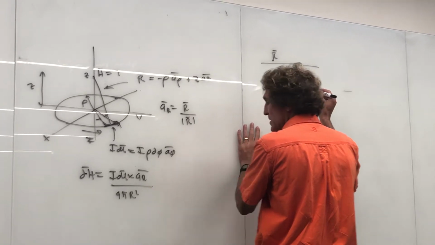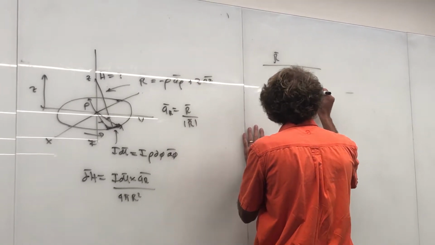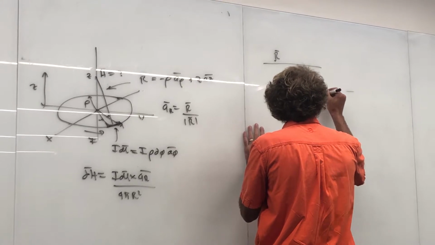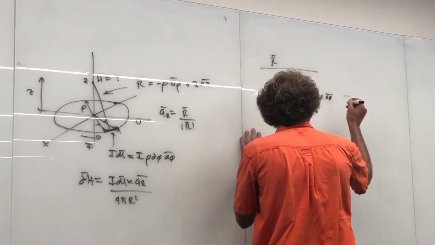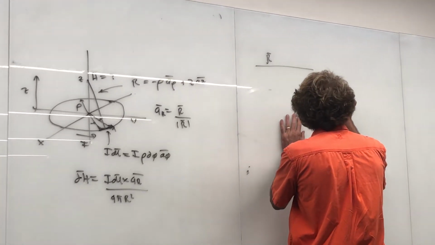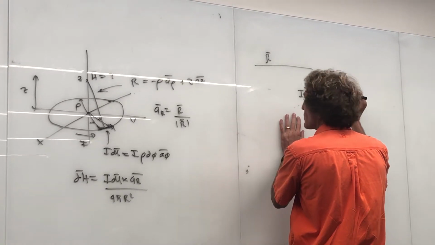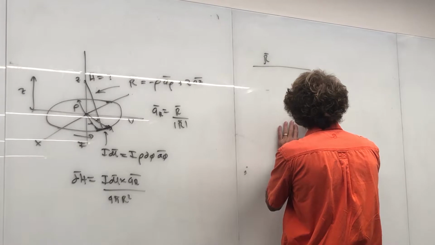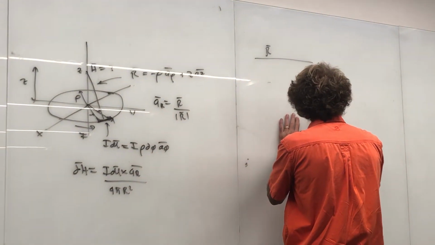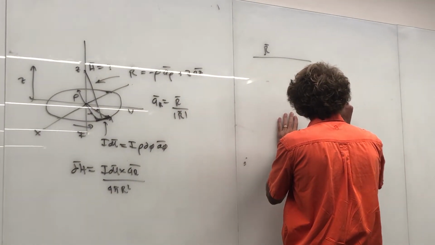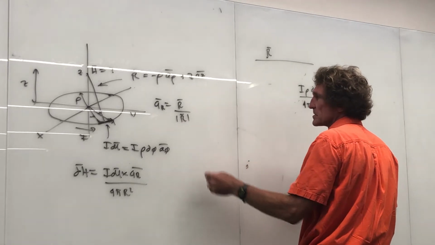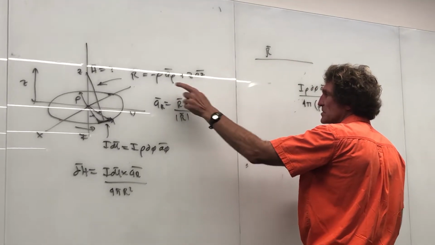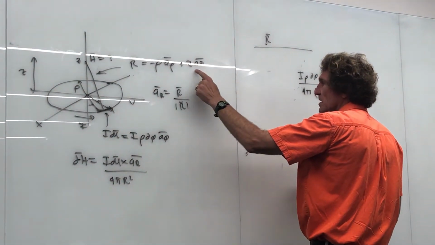I know my dH would be equal to I dl, which would be I rho d phi a phi, crossed into aR, and I'll put that in a second, over 4 pi r squared, and r squared is just rho squared plus z squared, because if this is r, the magnitude is the square root of rho squared plus z squared.